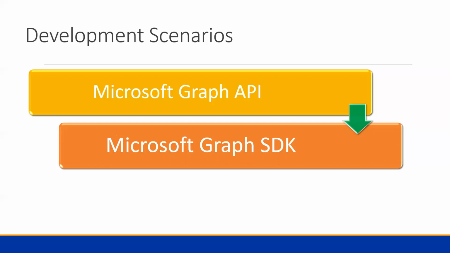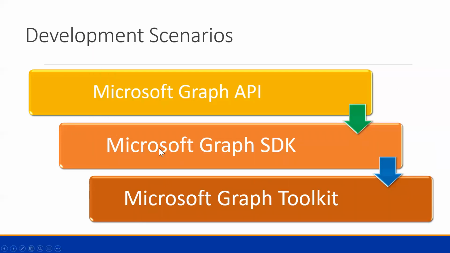But this is all about getting the response or the data back from the Graph API. Going one step forward, this is the Microsoft Graph Toolkit, which is going to help developers to the next level, where it is not only going to get the data from the Graph API, but it is also designed in a way to give the Microsoft 365 experience.